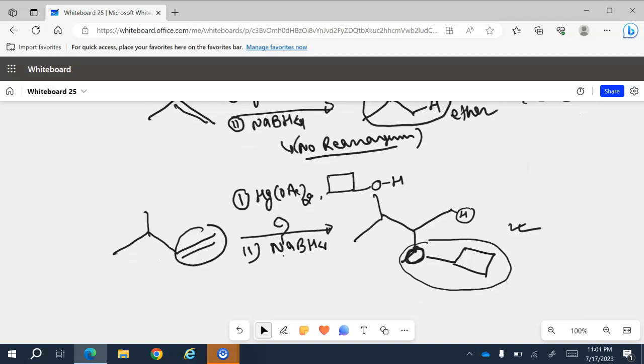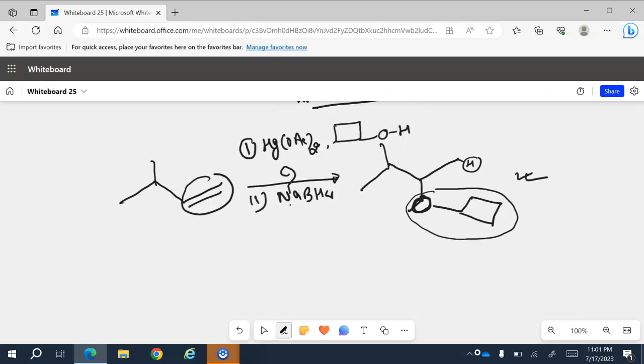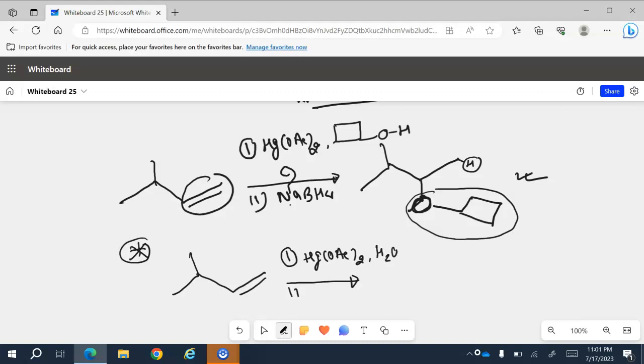Now, sometimes if we cannot figure out what alcohol we should use and how we should proceed, we can achieve this in another way also. For example, I wanted to go with just oxymercuration: HgOAc2, and we want to add water, and in the second step sodium borohydride.